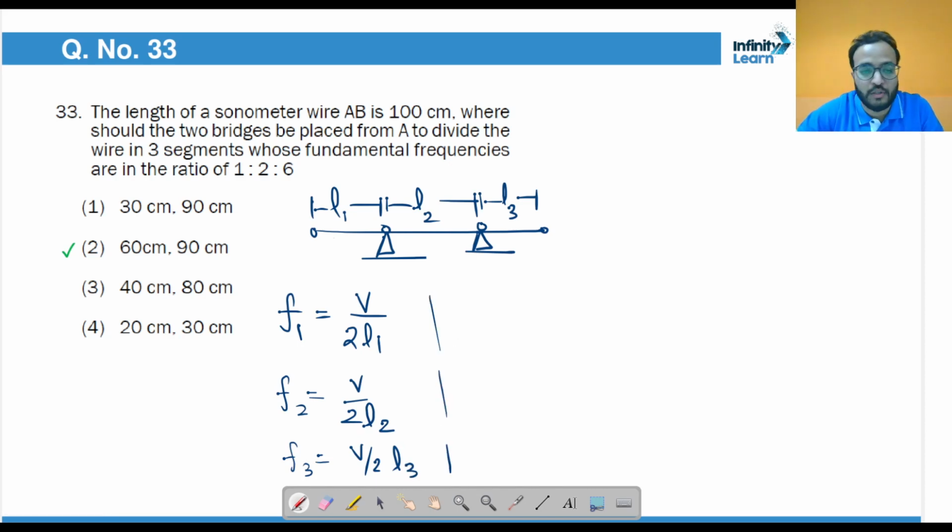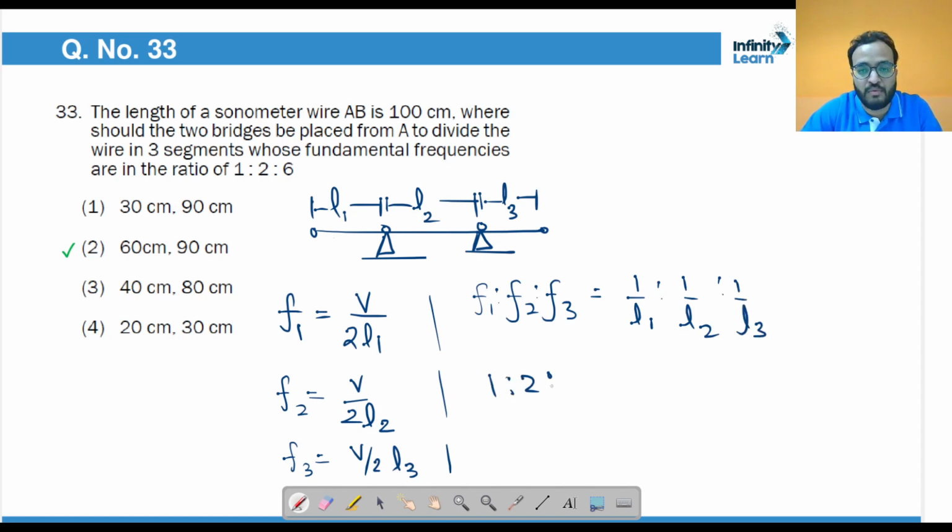So we will say that F1 is to F2 is to F3 is equal to 1 by L1 is to 1 by L2 is to 1 by L3. So it is 1 is to 2 is to 3 is equal to 1 by L1 is to 1 by L2 is to 1 by L3.